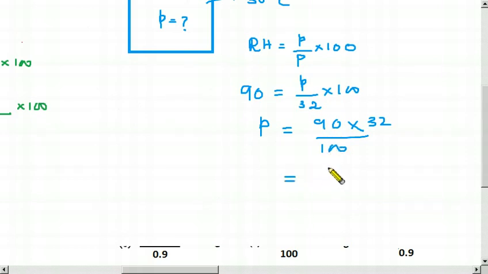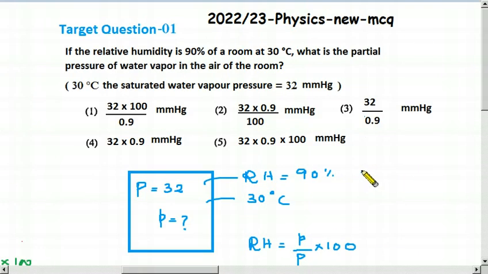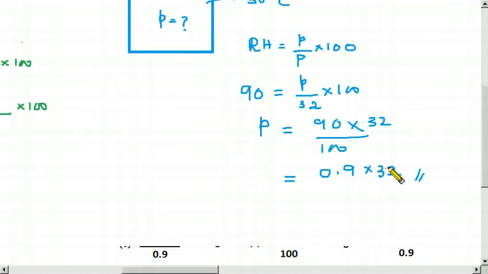Divide by 100 is 0.9 times 32. Let us check that. See here, 32 times 0.9. This one is the answer. Fourth one. This one is the answer. So millimeter Hg.